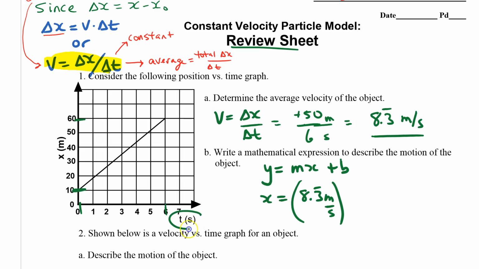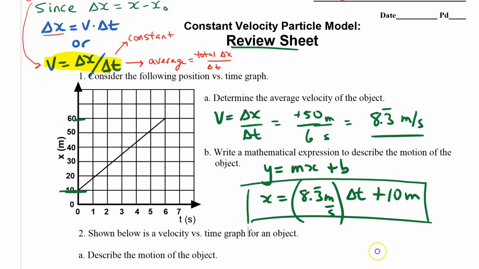The x in this case is equal to time, so I'm going to put time. I could put t. I kind of like putting delta t because it shows how much time goes by, so you don't confuse that. Plus b is the y-intercept. So where is the y-intercept in this question? It's right here. It's at 10 meters, so I'm going to say plus 10 meters. There is our answer. I'm going to just put a box around it. There we go. There's our nice answer.